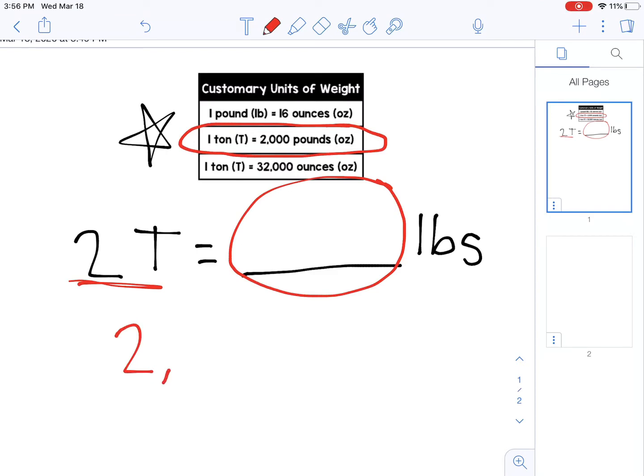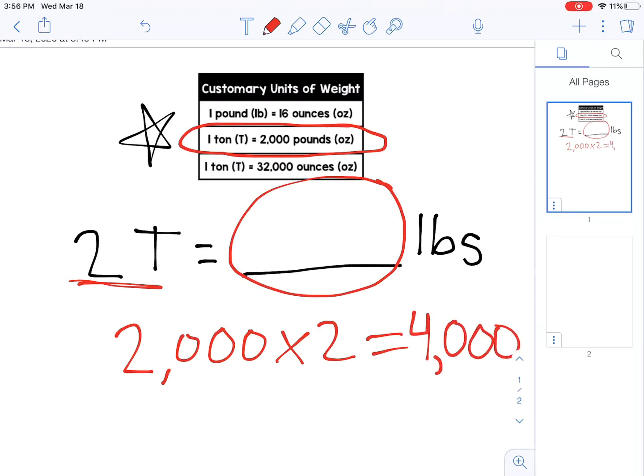All I need to do here is 2,000 times 2 equals, let's remember that zeros rule. Cover up the zeros. 2 times 2 is 4. Append the zeros at the end. 1, 2, 3. My answer is 4,000 pounds in 2 tons.